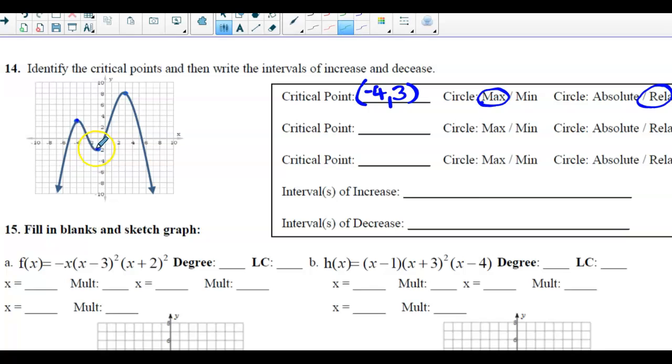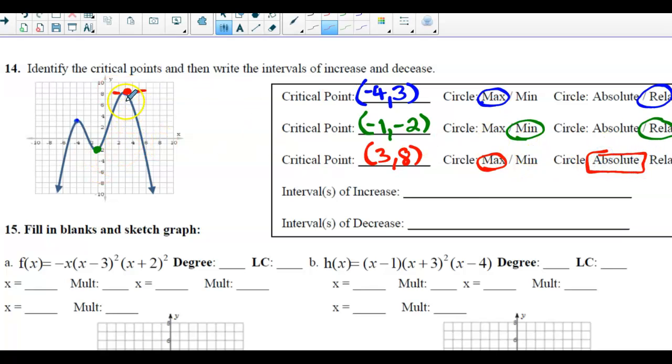The next one is -1, -2, and it's a minimum, but it is not the lowest point. The graph continues to go lower than -2, so it's a relative minimum. The third one looks like 3, 8, and that would be an absolute maximum because it is the highest value the function ever reaches. The highest y value it ever gets to is 8.